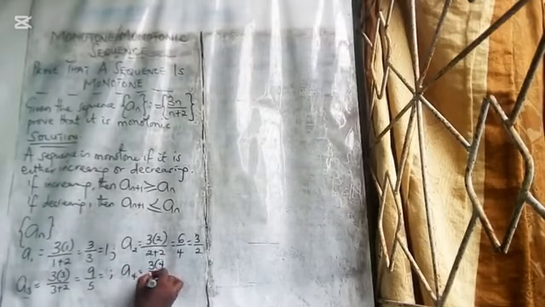A3 will be 3 into 3 over 3 plus 2. That is 9 over 5. A sub 4 will be 3 into 4 over 4 plus 2, and that is 12 over 6. That is 2.